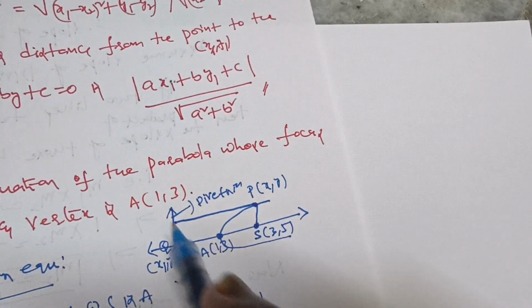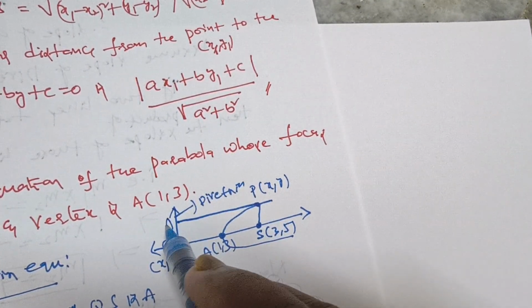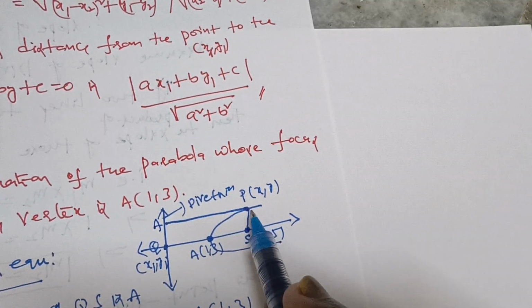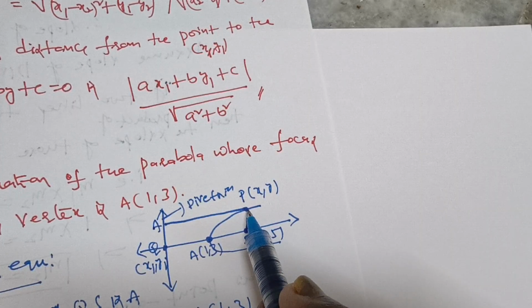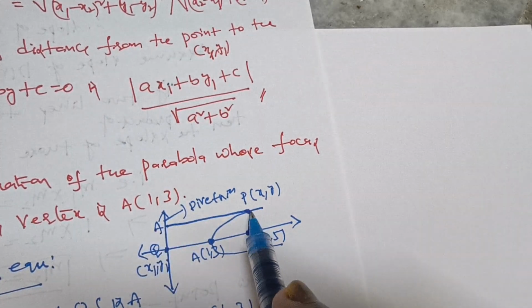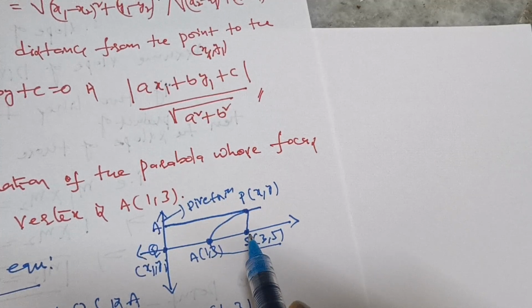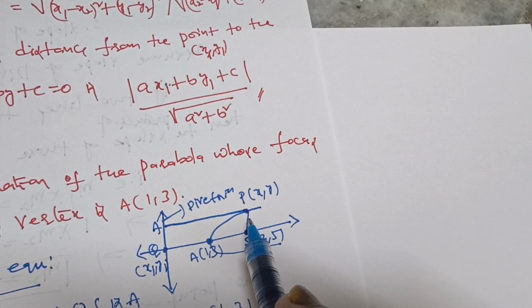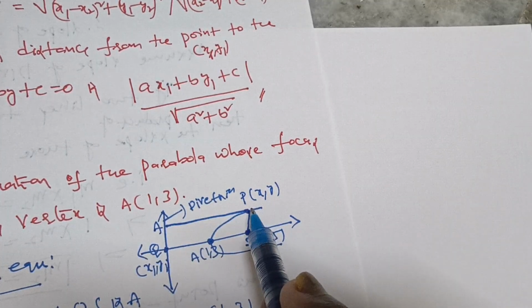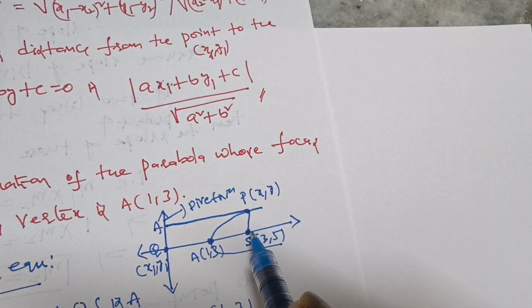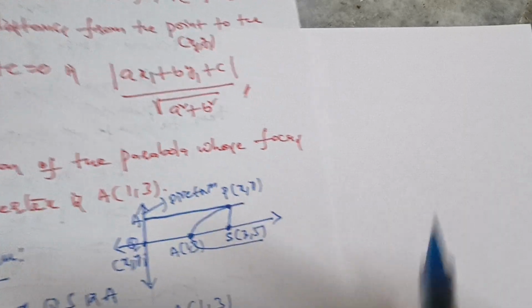Now the second step is using the formula of the parabola. Suppose this point of contact as A. The distance from the point on the parabola to the fixed line and the distance to the focus, the fixed point, are equal by the definition of parabola.